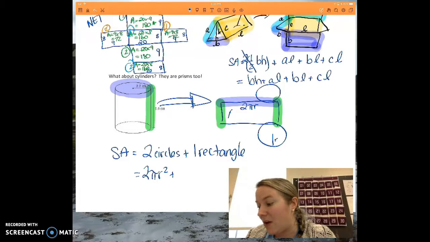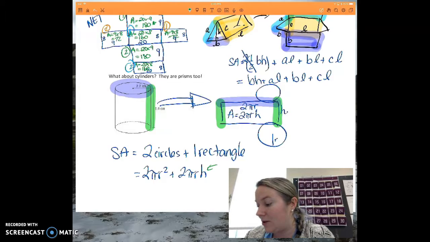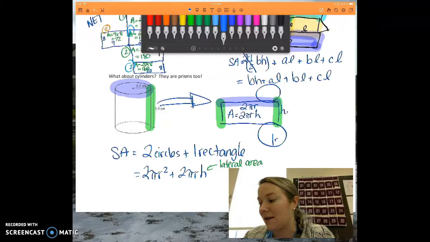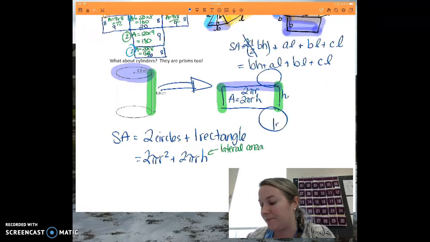So the area of this rectangle is 2 pi r times the green part, which is h. So 2 pi r h. And that, I'm going to give you a hint here, is called the lateral area. So if you see that in your textbook, the lateral area is talking about the rectangular part of the cylinder.